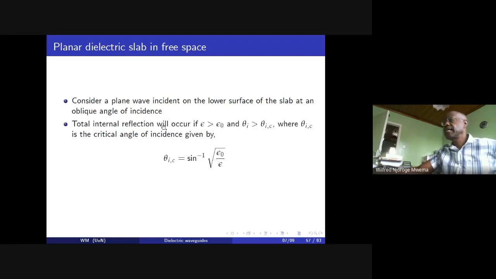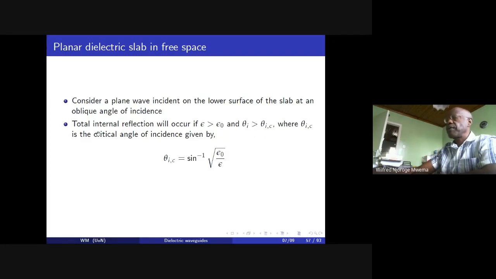So the total internal reflection will occur if epsilon d is greater than epsilon naught, and theta i is greater than theta ic, where you recall from last semester that theta ic was what we call the critical angle, for which there will be no transmitted field outside the dielectric, especially when we have the wave incident on a dielectric interface from the more optically dense material than the other.